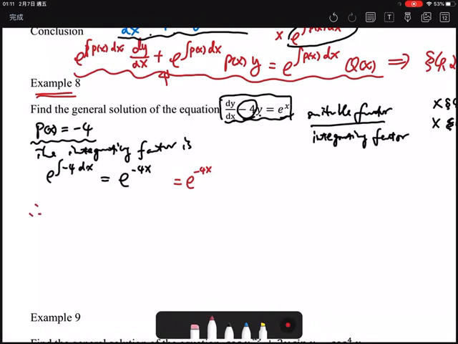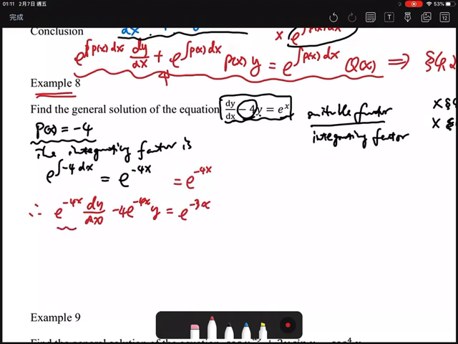So the next step will be e to the power of negative 4x times dy by dx minus e to the power of negative 4x times 4y equals e to the power of negative 4x times e to the power of x, which will be e to the power of negative 3x, okay?